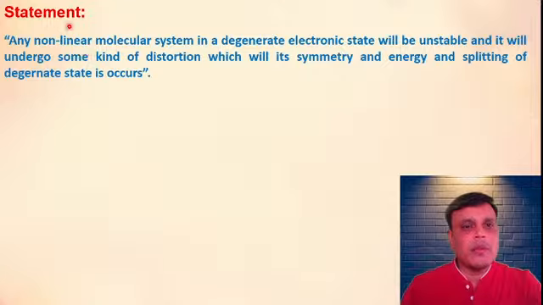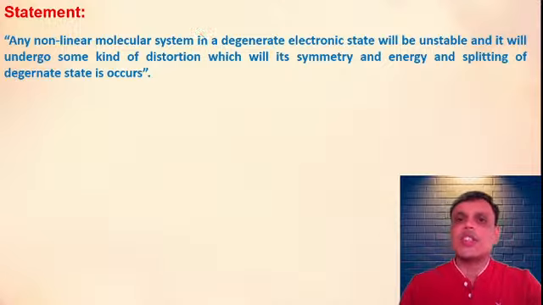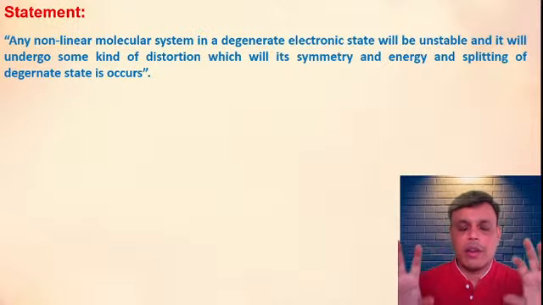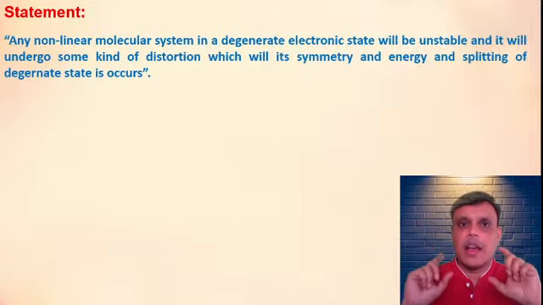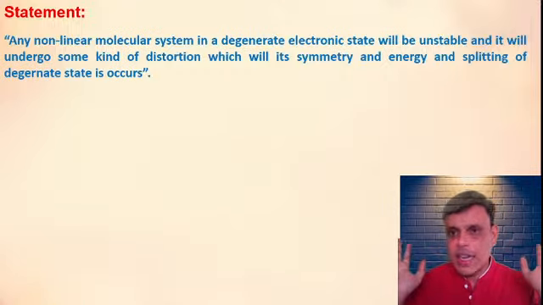Any non-linear molecular system, meaning octahedral molecular systems, in a degenerate electronic state will be unstable. For any non-linear molecular system, if its electronic configuration is degenerate, that means all the orbitals are the same in energy, then it is unstable.